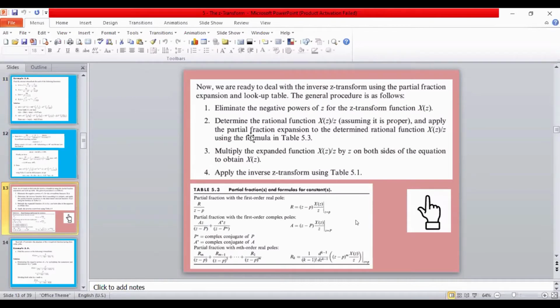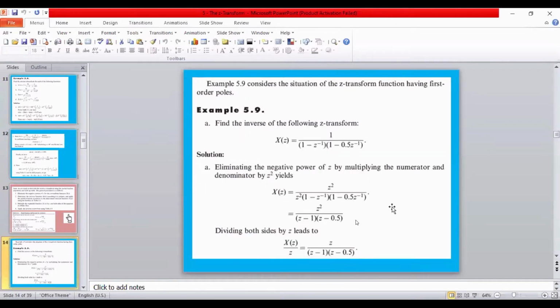Then the second step, if you read this text, looks quite frightening, but if you look at the example, actually it simply means what you have to do in the second step. You have to get the fraction on the left-hand side. So here you have x as a function of z. The standard form requires you to have this divided by z. So you always have to have something like this on the left-hand side.